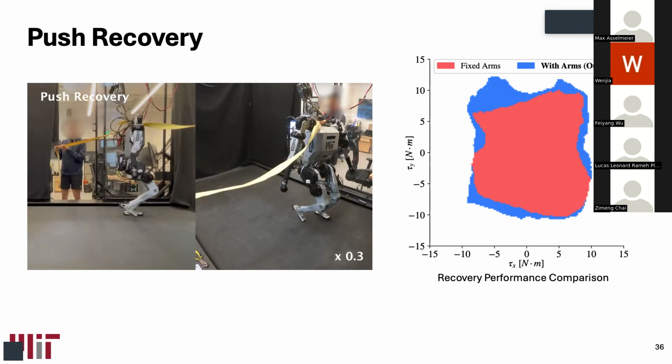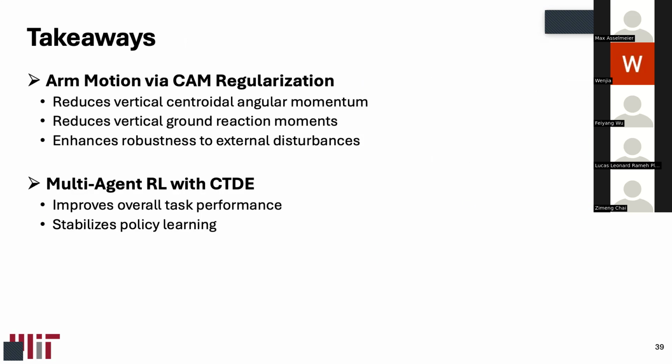So as a last part, I'd like to summarize the takeaways of this presentation. First, the arm motion guided by the centroidal angular momentum regularization reduces the vertical CAM and the vertical ground reaction moments, and as a result enhances robustness and stabilizes the locomotion.